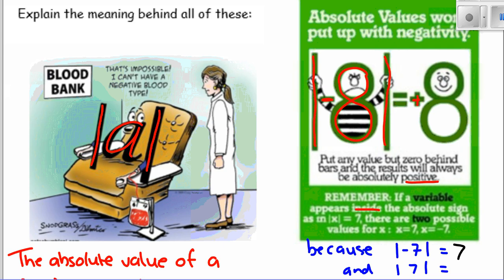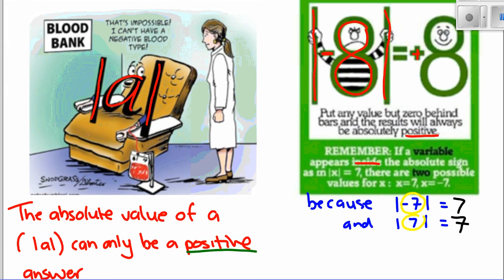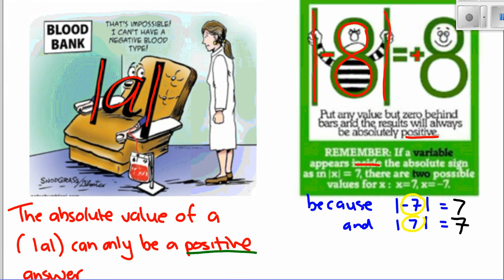If you are to solve the absolute value of x equals 7, that's why there's two possible answers for x. Because if you had negative 7, its absolute value will give you 7, and if you had positive 7, its absolute value will give you 7. That's what that's trying to get at.